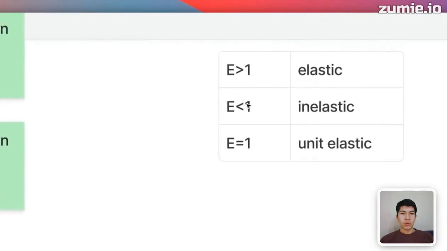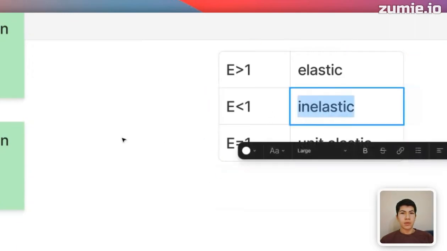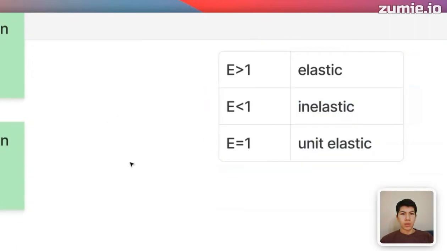Looking at this table, we can say that coffee is inelastic because the change in quantity was not proportional to the change in price, which makes coffee a really inelastic product, at least in this situation.